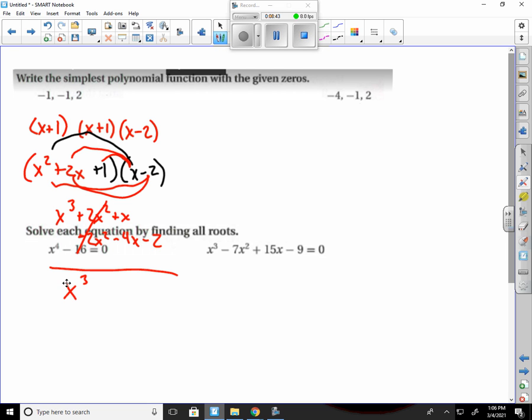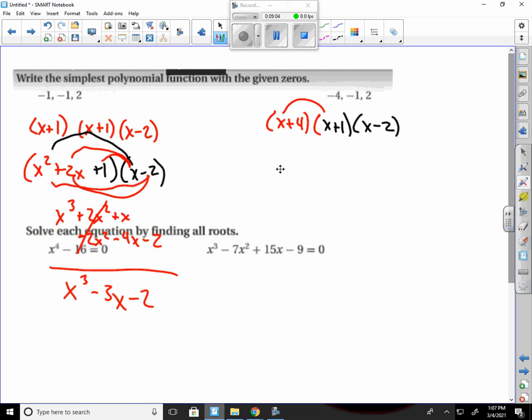This gives me x to the third minus 3x minus 2. And that's it. This one, x plus 4 times x plus 1 times x minus 2.